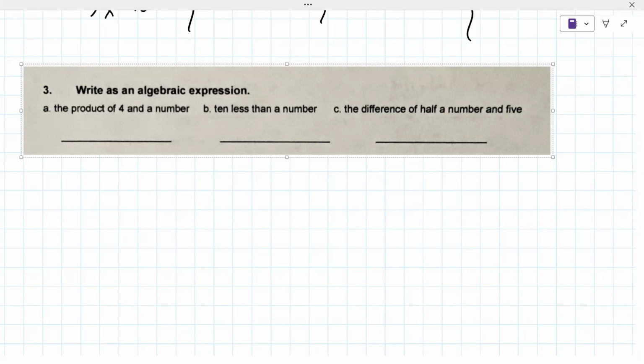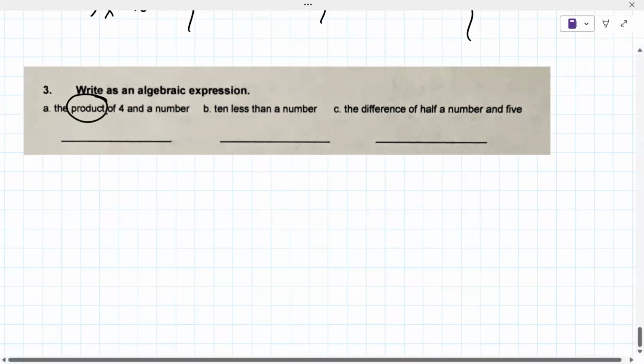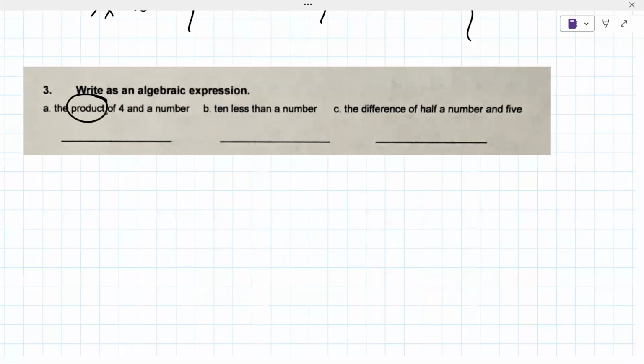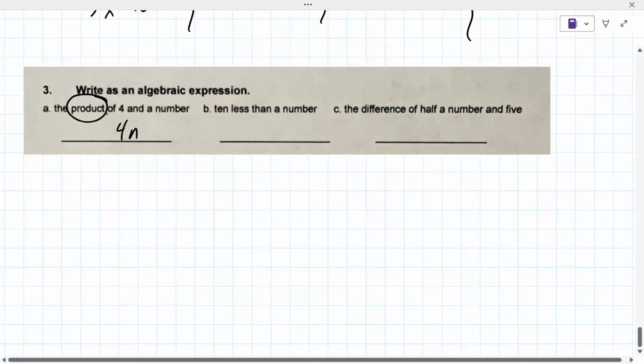It'd be like 4 plus n. Sure, that's the sum. If it was the product, you'd be correct. So it would be 4 times n. Yeah, 4 times n. Yes.